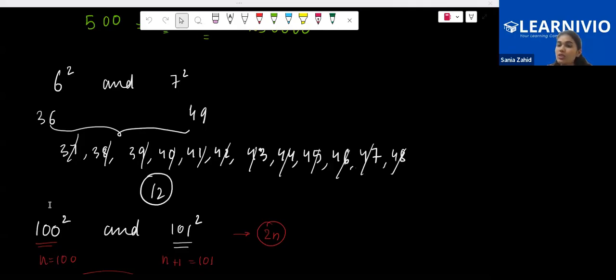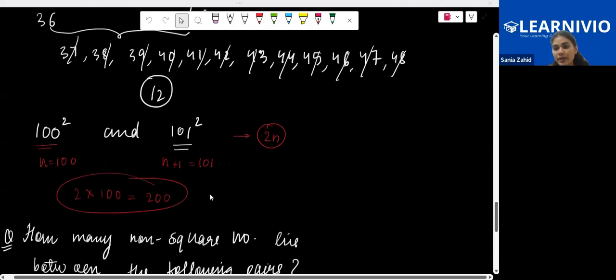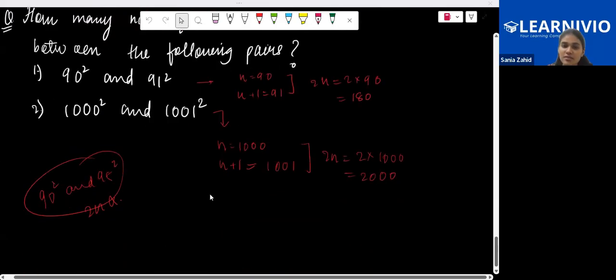It depends upon twice the smaller number. I can consider 6 as n and 7 will be n plus 1. So the number of non-square numbers, or natural numbers, that lie between these two squares is 2n. With this formula, you can find the answers. You can look at this question then.